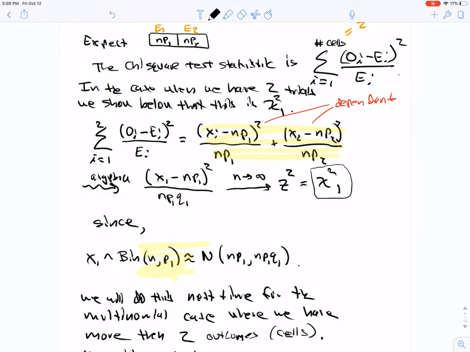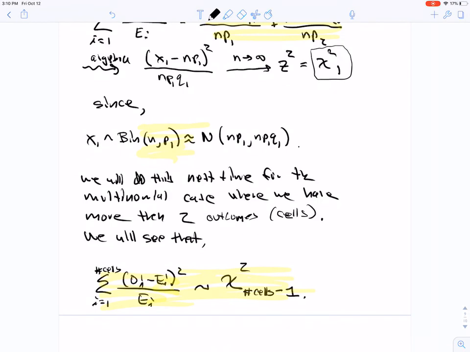More generally, we'll have, let's say, m terms here, but there'll be a dependency between them, and seeing what algebraic manipulation you have to make to get it to be a chi-squared with m minus 1 degrees of freedom is hard. So I just did it here in a simple case so you can kind of see what's going on algebraically.